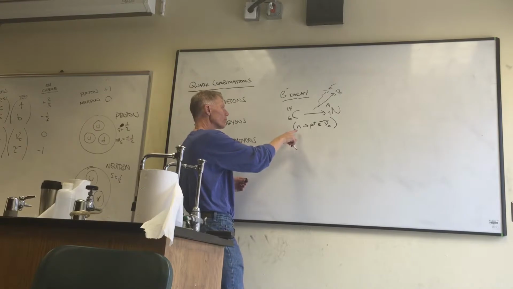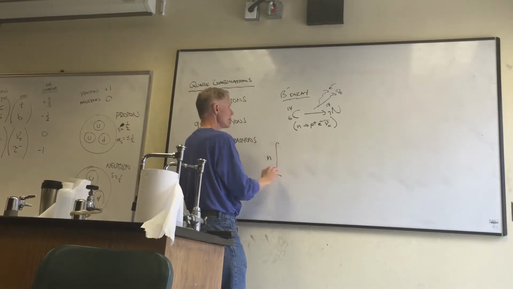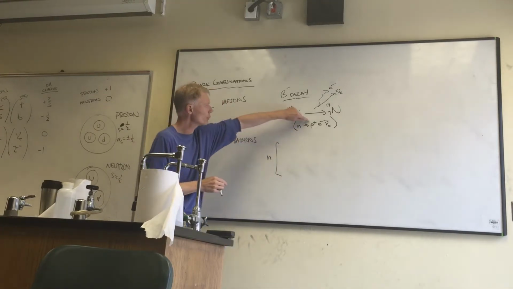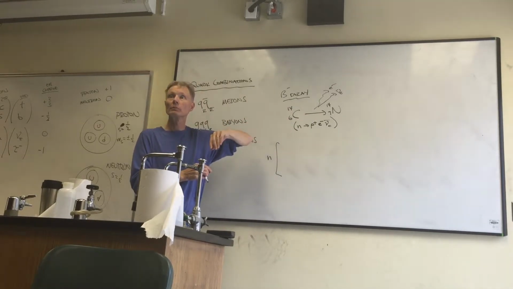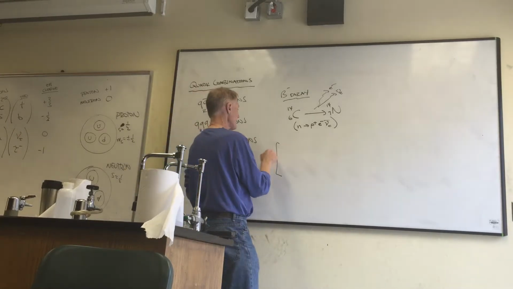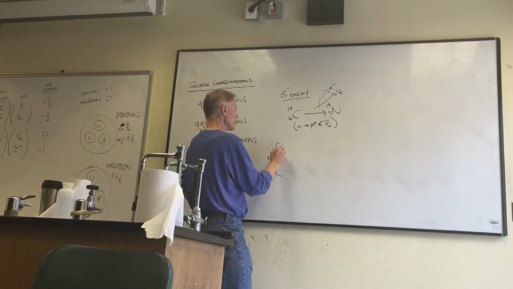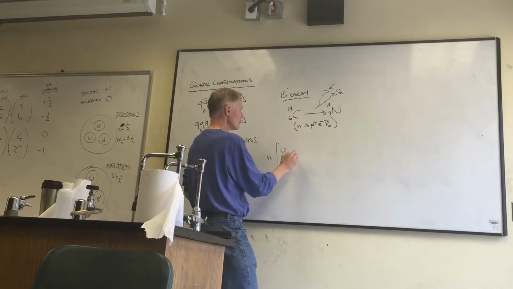Now, let's diagram what's going on here. I just had a neutron turn into a proton. Can I take that down to the level of quarks? Yeah, so what I can do is I can say a neutron is really 3 quarks, up, down, down.